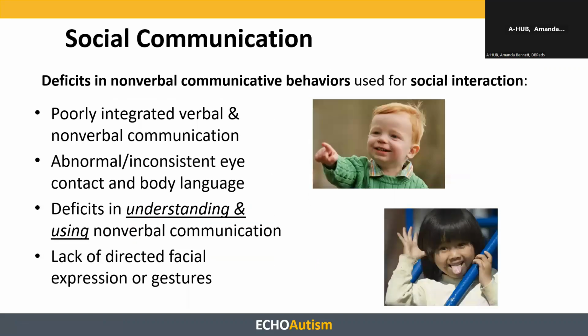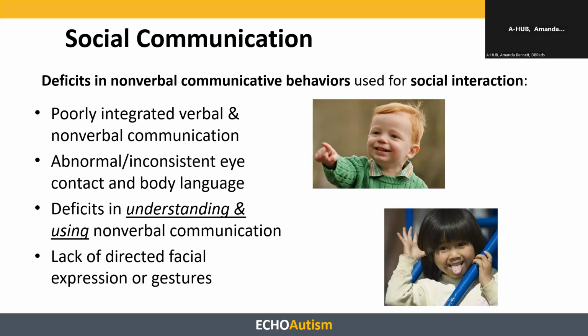The second social communication category is having difficulty with your nonverbal communication behaviors when you're using them for social interactions. Somebody mentioned eye contact earlier in the session, right? So that could be having completely absent eye contact or avoidant eye contact, but also maybe just inconsistent eye contact, or not being able to integrate your eye contact and your words and your body language in a way that is natural and helps to support how you're communicating with other people.